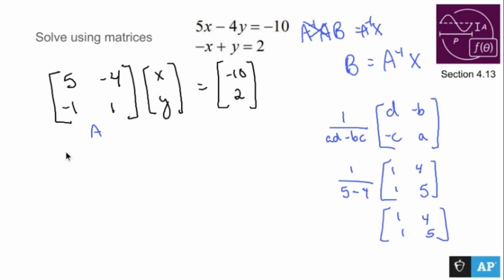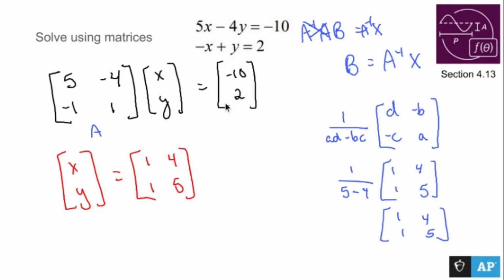So X, Y is going to be my inverse matrix times the right side matrix. So 1, 4, 1, 5 times this guy, -10, 2. Okay, split this up.